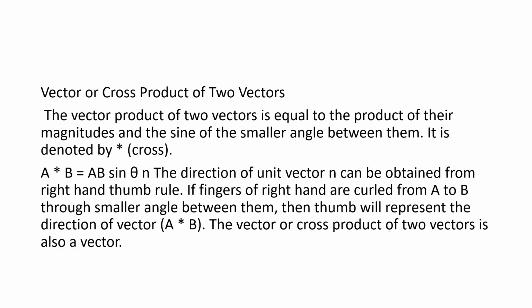You can do it with your right hand, just curl the fingers. Whatever the direction of the thumb is, that is the direction of the vector. The cross product of two vectors is also a vector. Okay, so this we need to remember. The cross product of two vectors is always a vector.